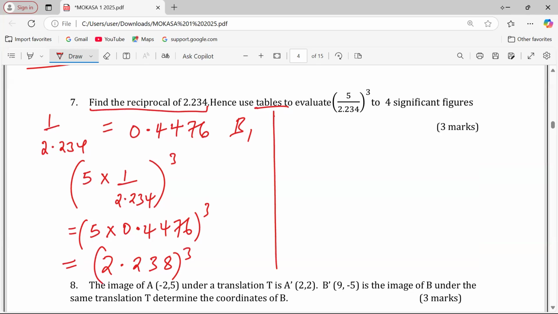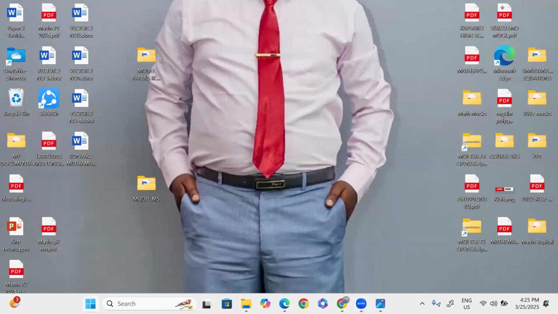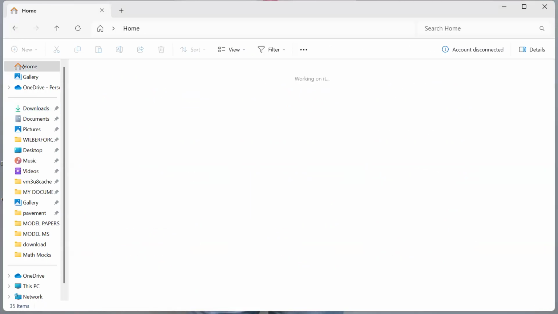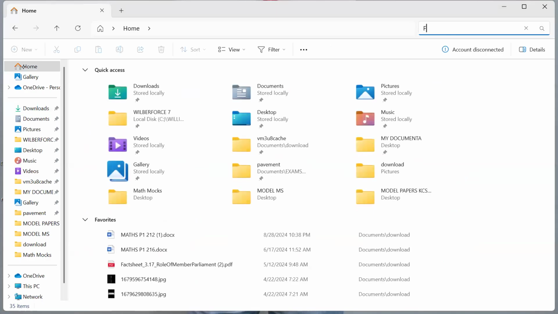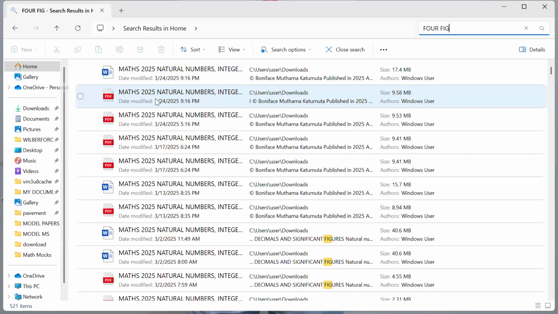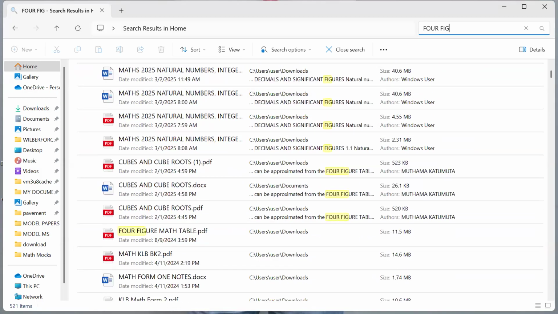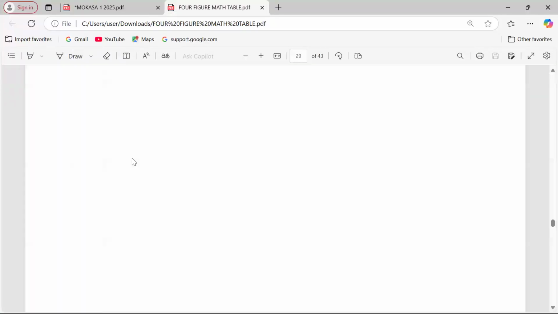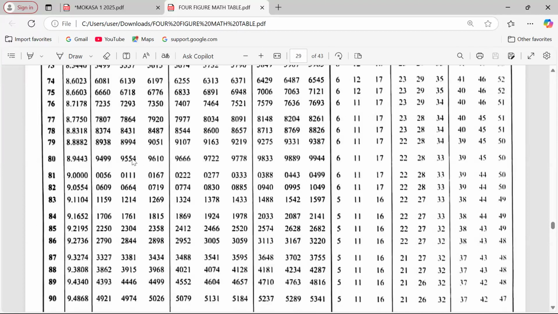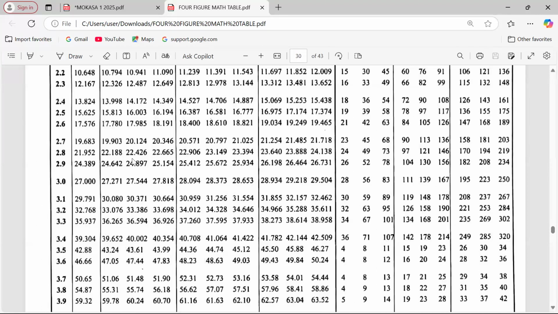From the table of cubes, let me access the table of cubes from my documents here. So I hope, yeah, the 4-figure table. So we are talking about the cube now.